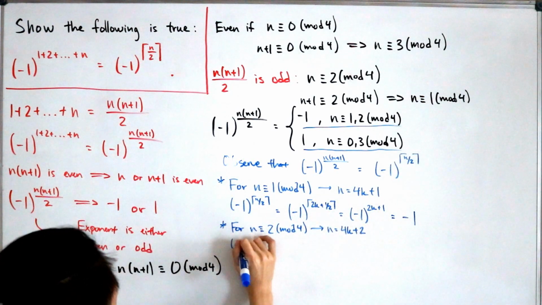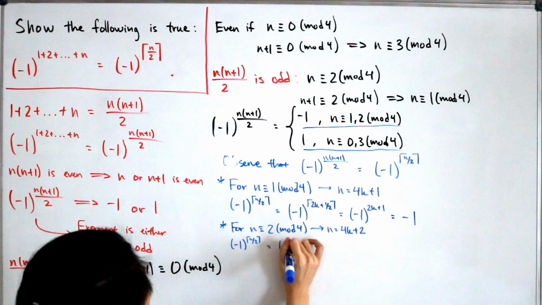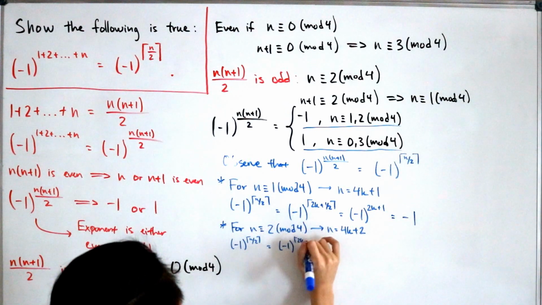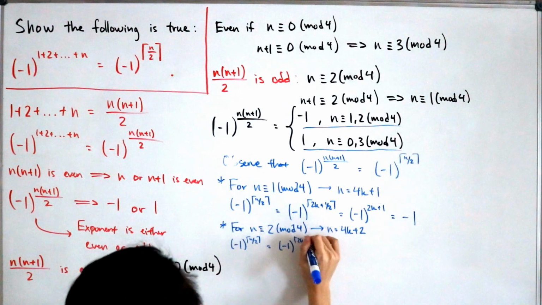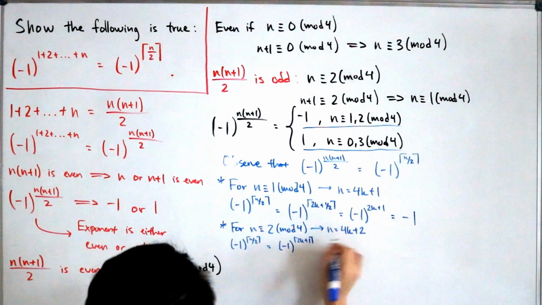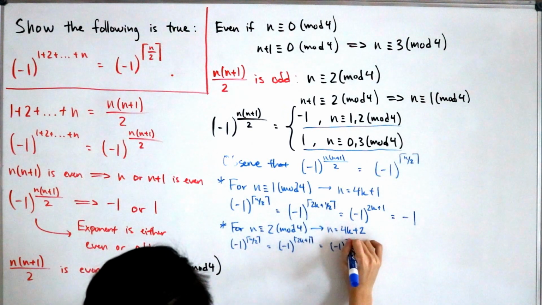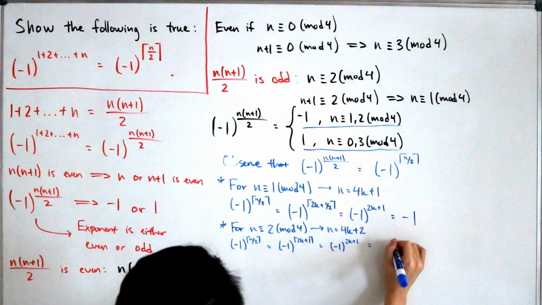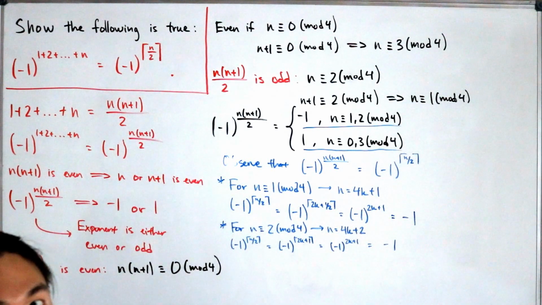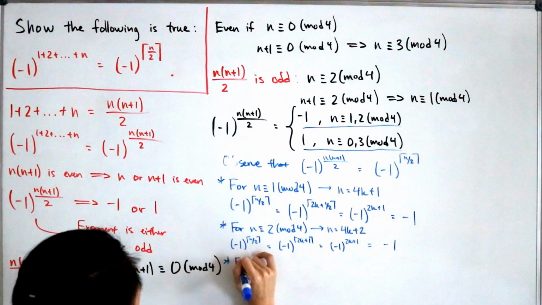Plugging this back in, negative 1 to the power of the ceiling of 2k plus 1 gives us the same thing, 2k plus 1, which of course yields negative 1, because that is an odd number. Now let's move on to the last two.